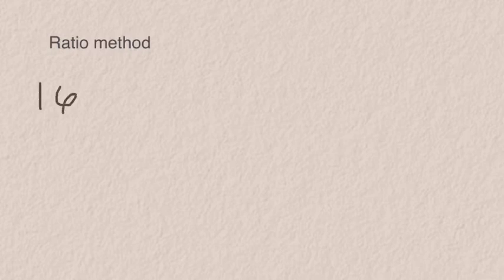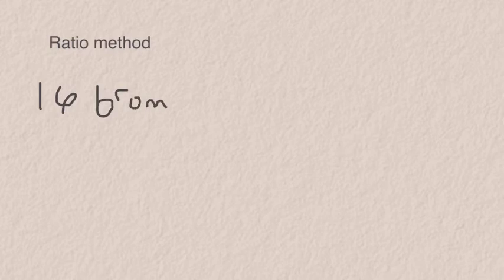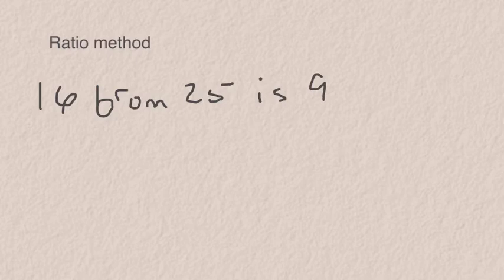Okay, so the second method, which is the ratio method, can be a bit confusing, but I'll go ahead and explain it. It should be in your notes also. The first thing we want to look at is how far away 16 is from 25. 16 from 25 is 9. And then we want to see how far away 16 is from 20.